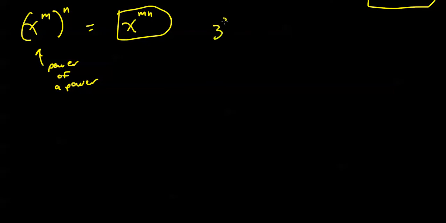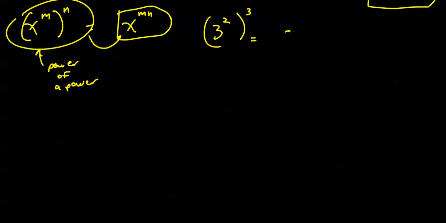For example, 3 squared cubed. I suppose I could write this in longhand fashion, but I'll apply this simple rule and say, 3 squared cubed is equivalent to 3 to the second power times third power, and 2 times 3 at the exponent level is 6, not 5, 6, right? And 3 to the sixth power is 729.